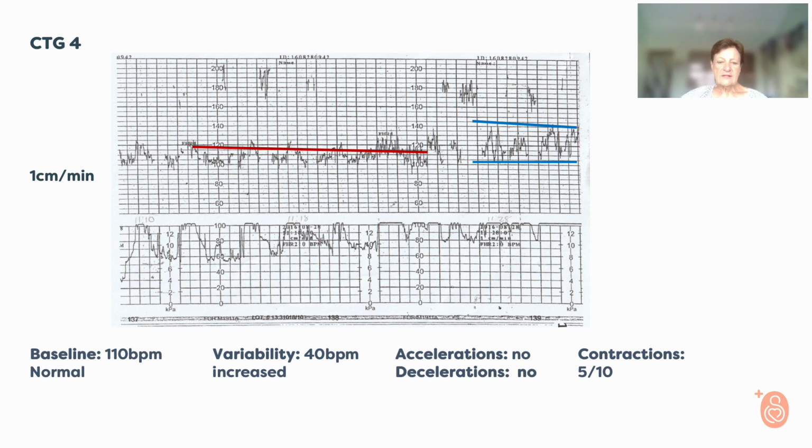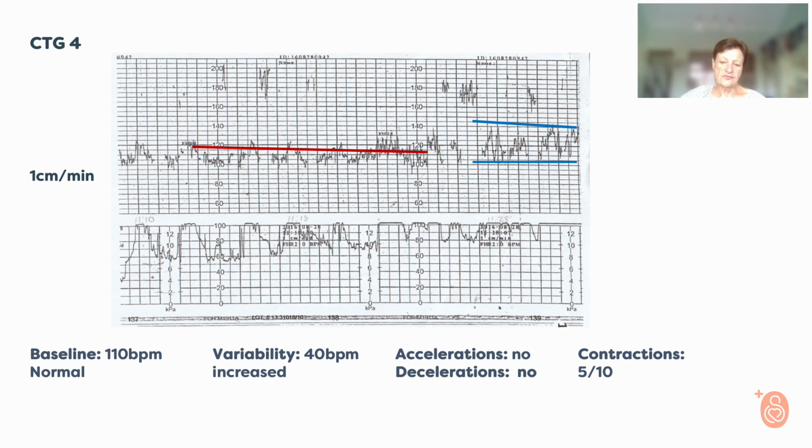And we see that this is not really an acceleration; it's basically more variability of the fetal heart than an acceleration. So we say no, there are no accelerations and there are no decelerations.